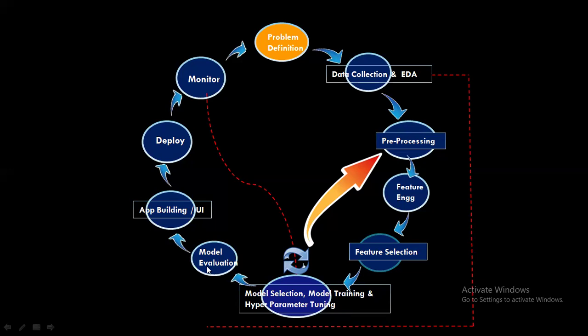If your model performance is not up to the mark, again you need to choose another model. Let's say you have XGBoost. You take that model, train it with this historical data, do the fine tuning, and check the model performance. This is evaluation, nothing but metrics.